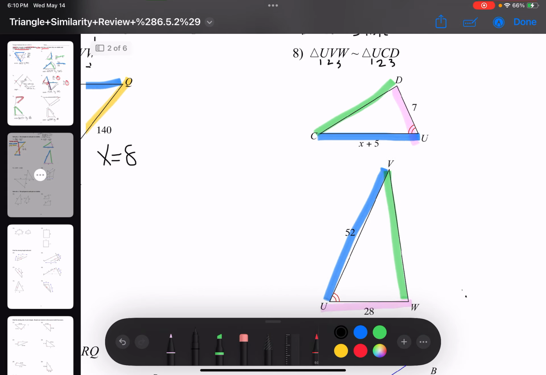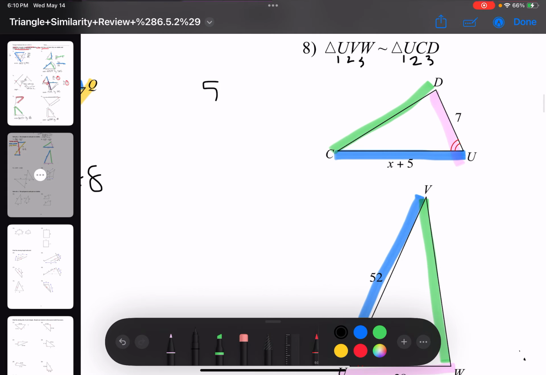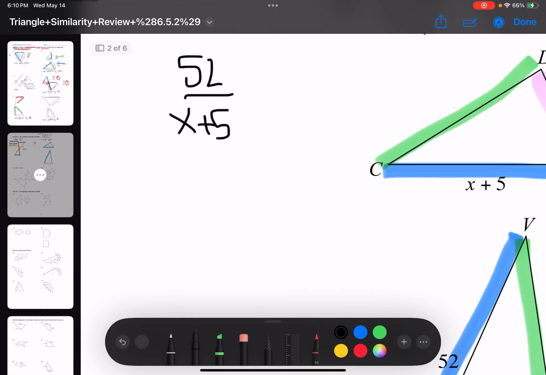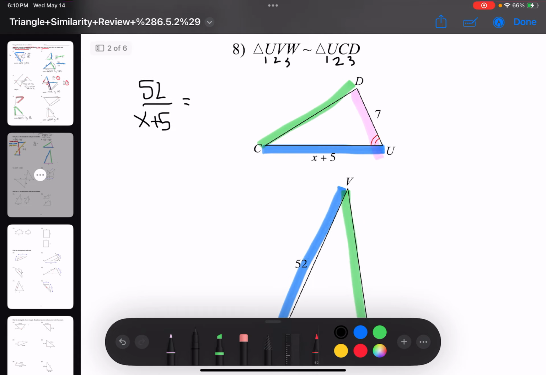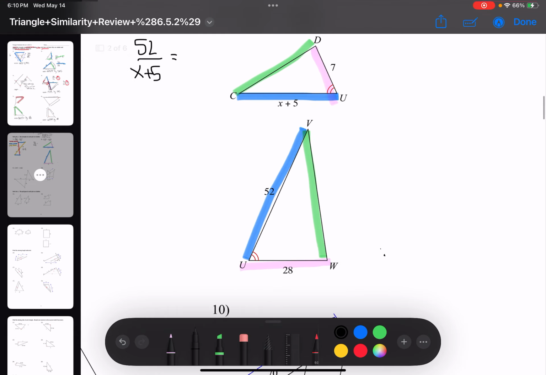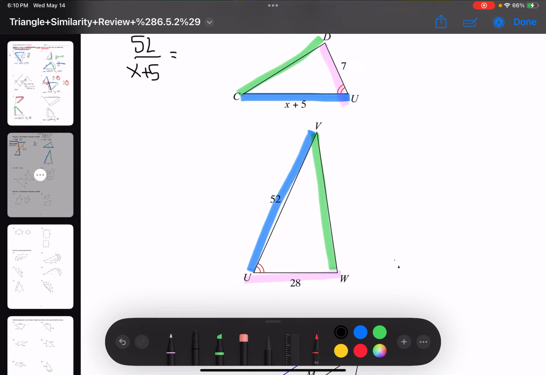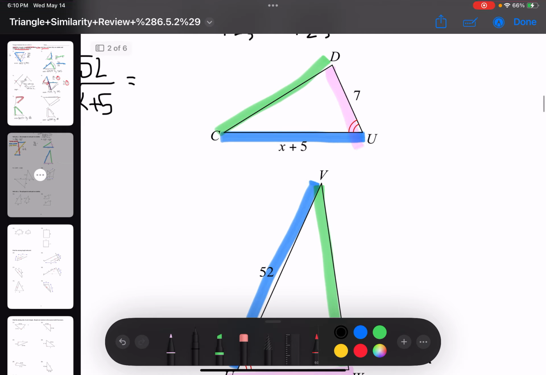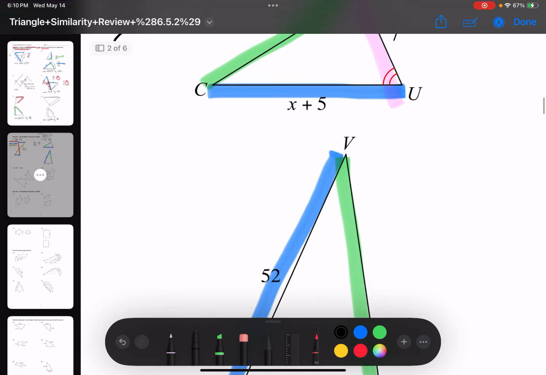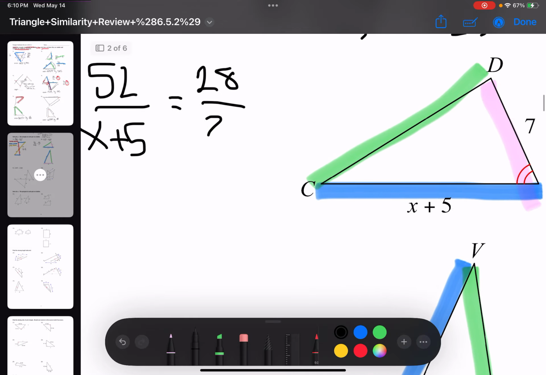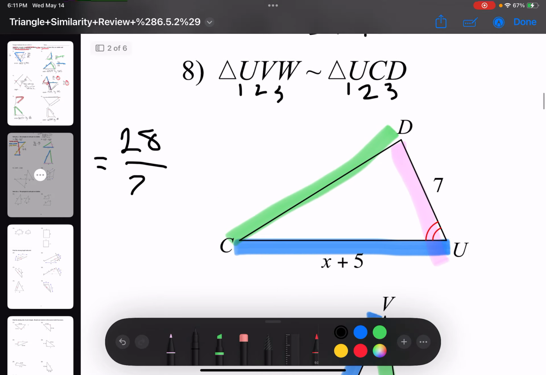Big number over the little number. 52 over x plus 5 is equal to, okay, now let's do the other line. Other line, A side, the pink one, 28 over 7. Mind you, the 52 is the blue numbers. The 7 is the pink numbers, right?